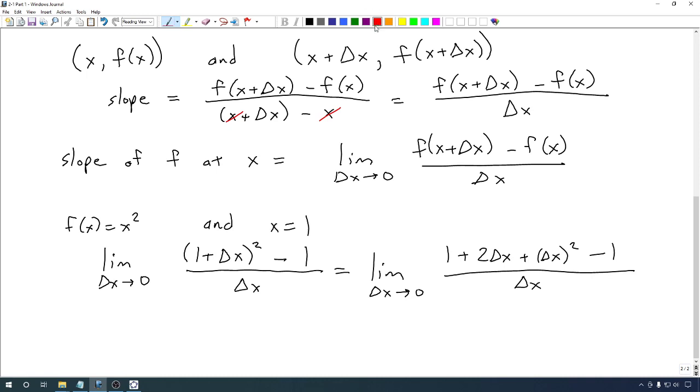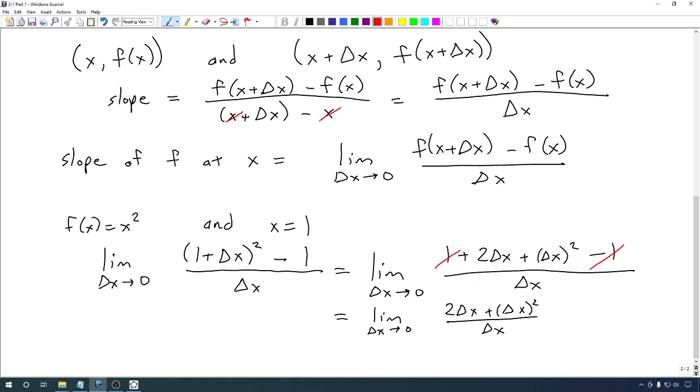Of course, the first thing we can notice is that we have a minus 1 here and a positive 1 here. Those cancel each other out. So the top is just 2 delta x plus delta x squared. We still have a delta x on the bottom. And now we get more cancellation.